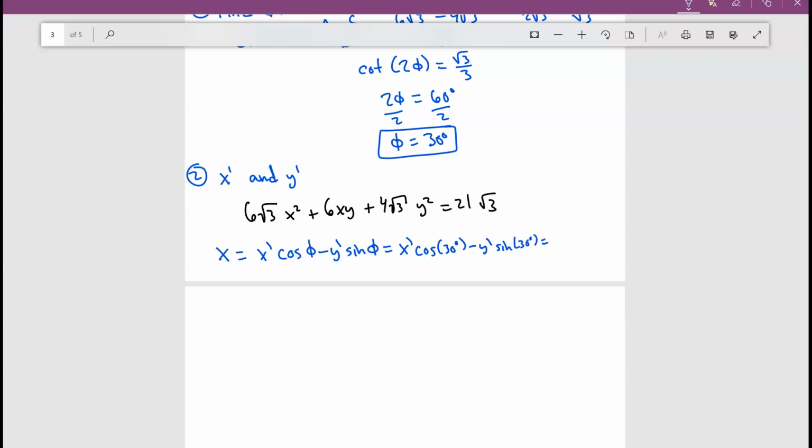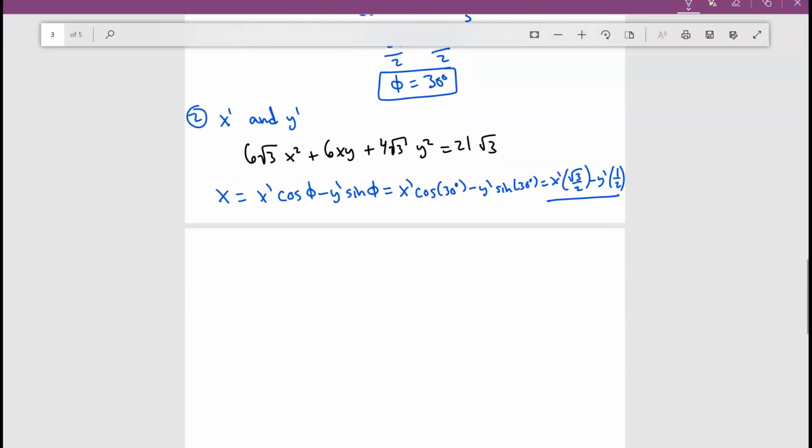This is just going to give me x prime square root of 3 over 2 minus y prime 1/2. So that's what we have for our x value: x equals x prime square root of 3 over 2 minus y prime 1/2.